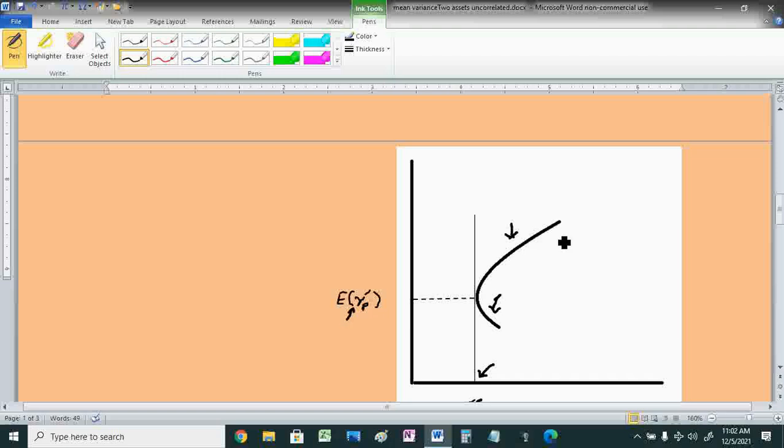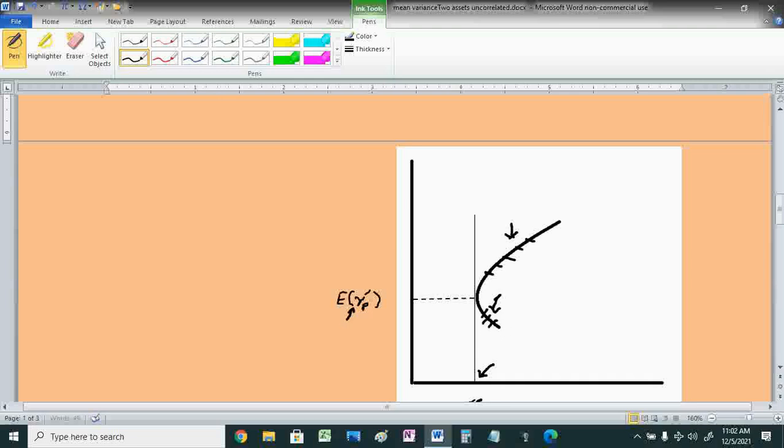Now, given that this is the shape of the portfolio possibility frontier when the two assets are completely uncorrelated to each other, this is then defining the efficient subset of the portfolio possibility frontier, and this is defining the inefficient subset of the portfolio possibility frontier.